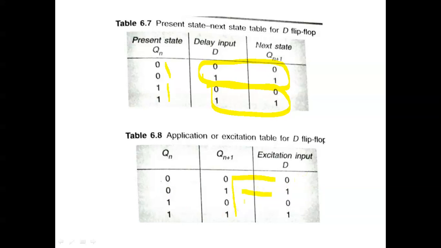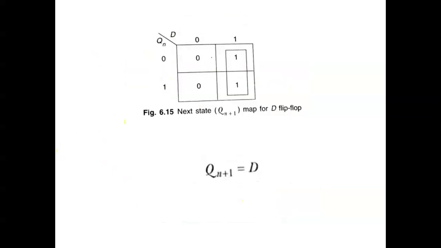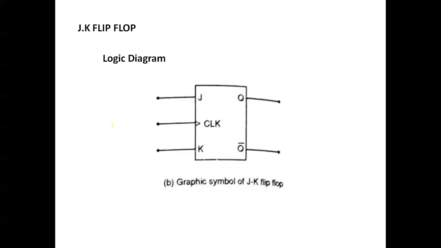If it is 1, it is 1. 0 0 1 1, both are the same. The application of the excitation table and the present state table look the same. So next state map using the D flip flop. This is D flip flop, and then finally JK flip flop.